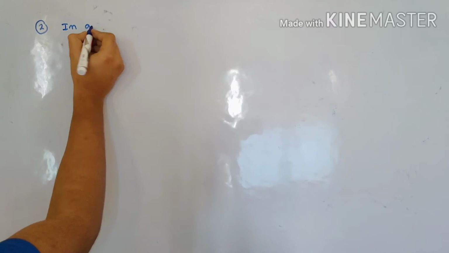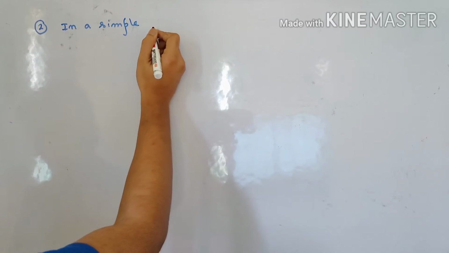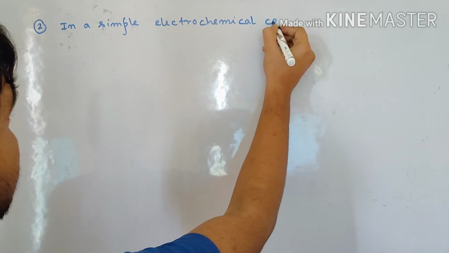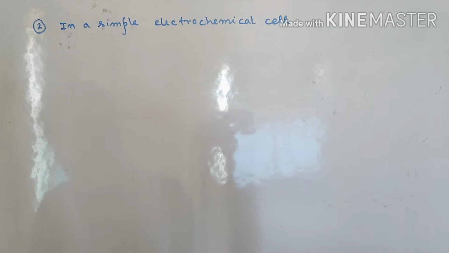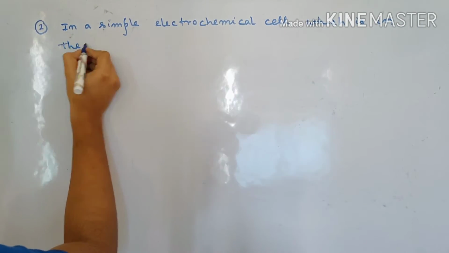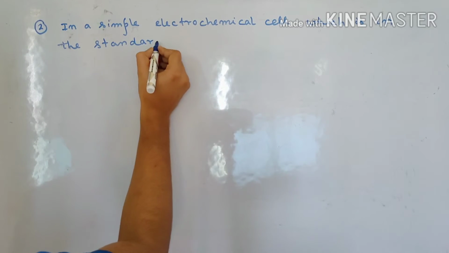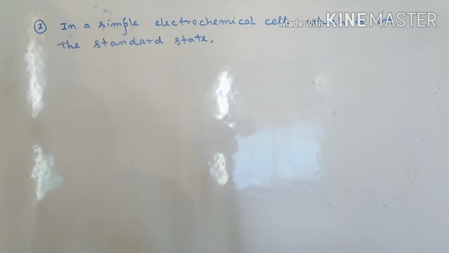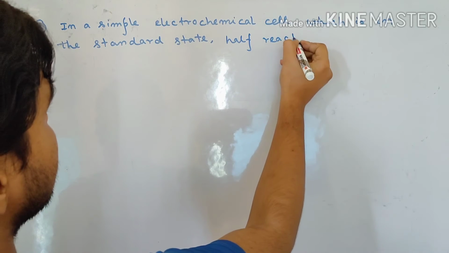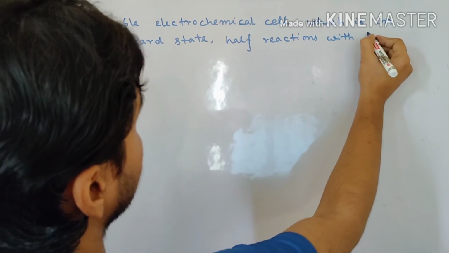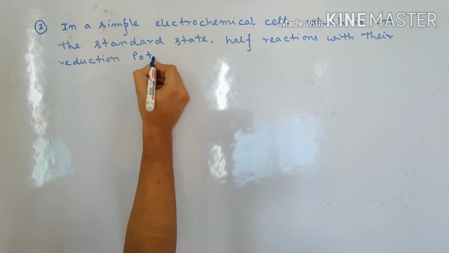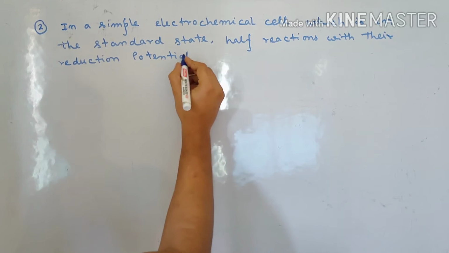Question is, in a simple electrochemical cell which is in the standard state, half reactions with their appropriate reduction potentials are given.